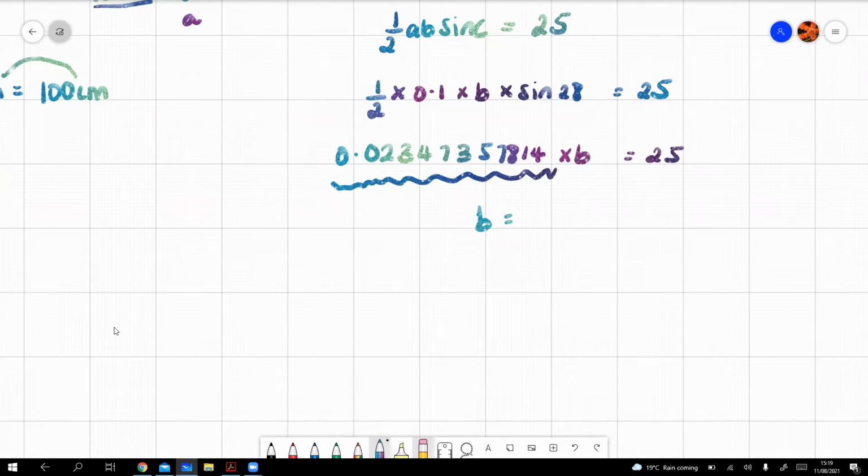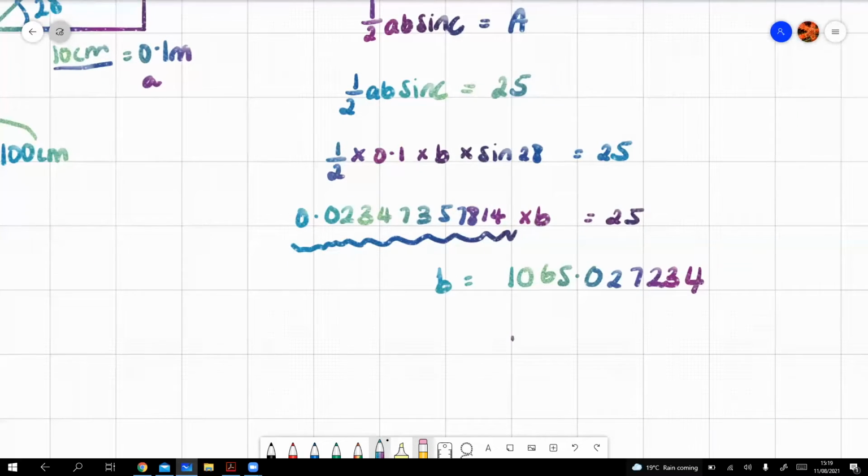Just typing that into my calculator. Okay, and I end up with 1065.027234. Okay, and I'm just going to write that as 1065.03 meters to 2 decimal places.